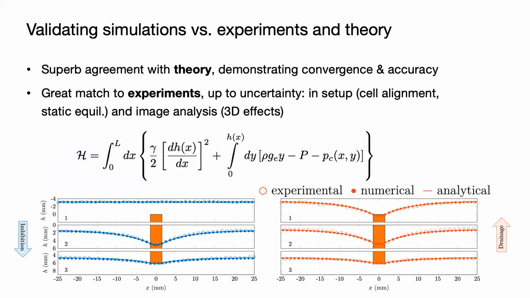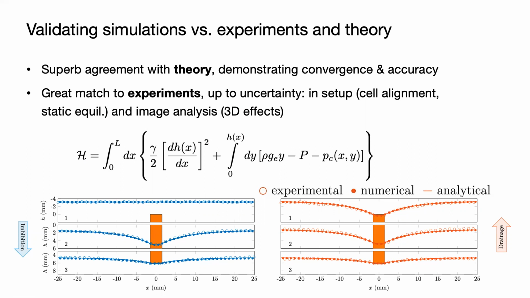Okay, and now we can compare the experiments to the simulations to the analytical. The analytical is the theoretical expression obtained by solving the Hamiltonian, just to make sure that we converge accurately to the right solution. And this is indeed met. The numerical results are the filled dots, and the line is the analytical. The match to the experiment is also surprisingly good, given that there is some uncertainty.